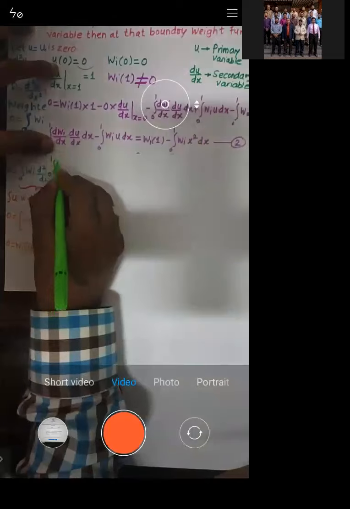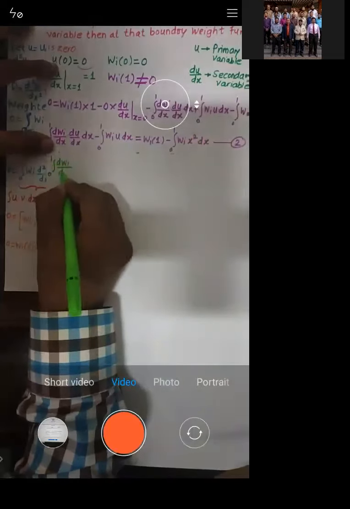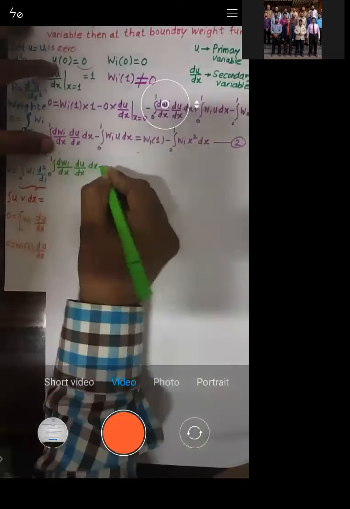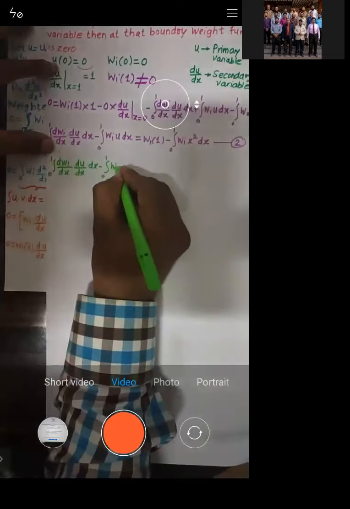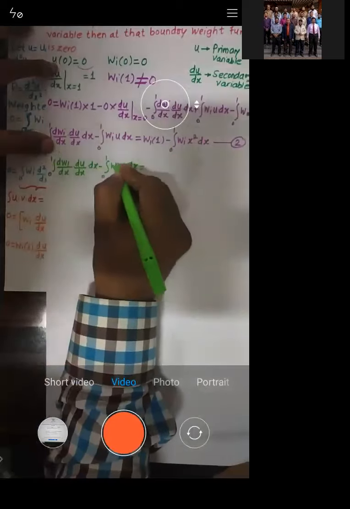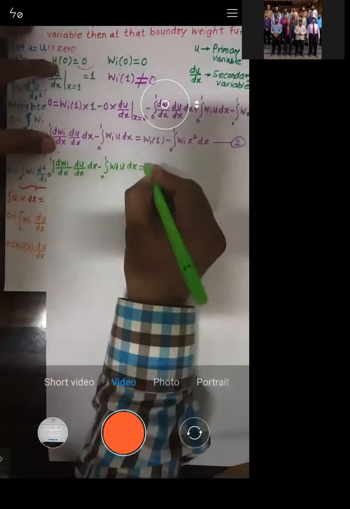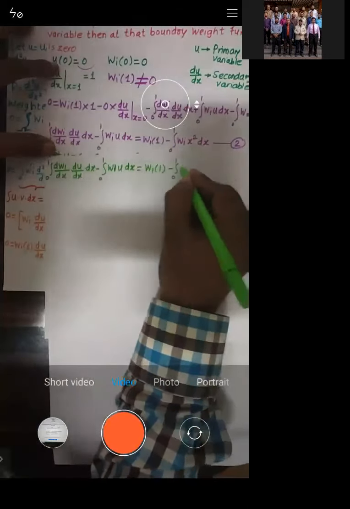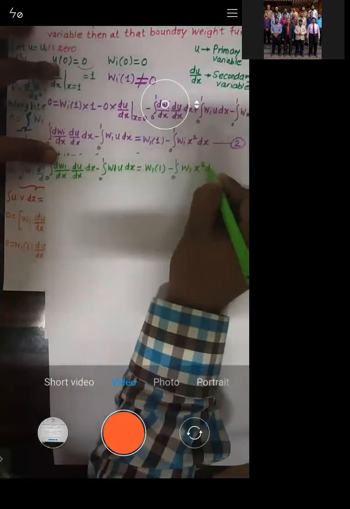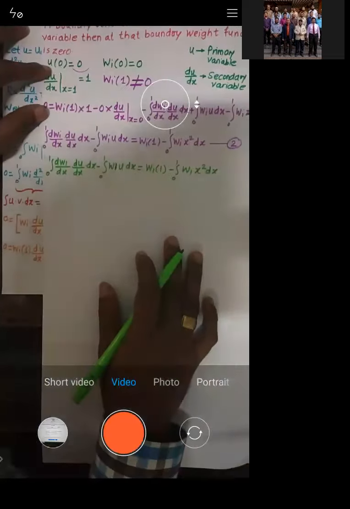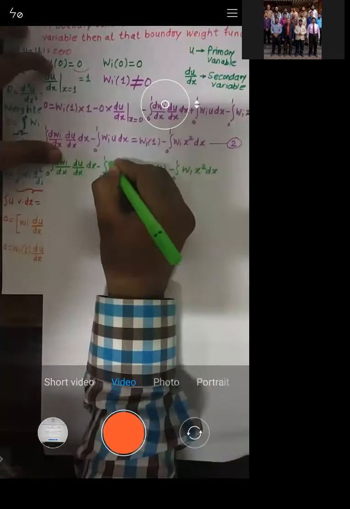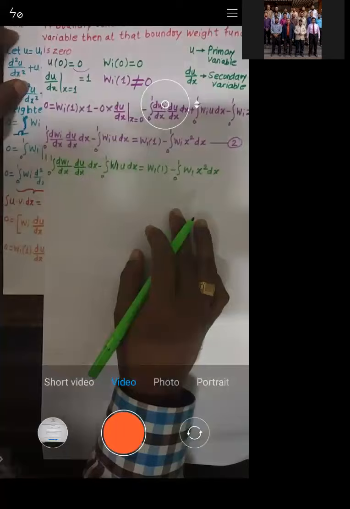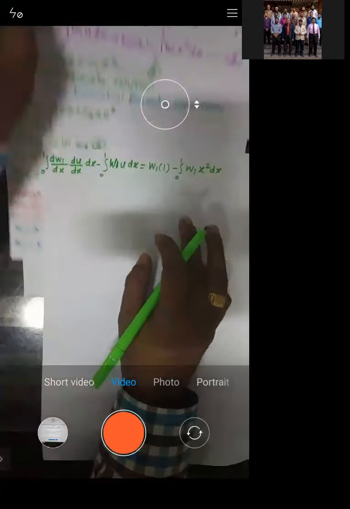So integration 0 to 1 of dW1 by dx into du by dx, minus integration 0 to 1 of W1 into u dx, is equal to W1 at 1 minus integration 0 to 1 of W1 x square dx. Wherever there was Wi, I have written that as 1. Now let us put the values.